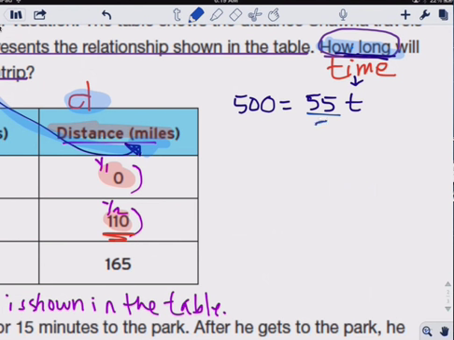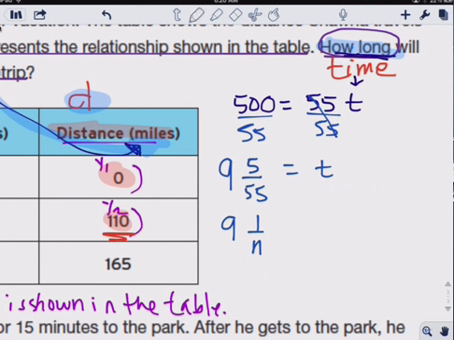So you divide by 55, divide by 55. You get 9.0909, which as a fraction is 9 with a remainder of 5. So 5 over 55, which is 1 over 11, equals to T, which is 9 and 1/11.